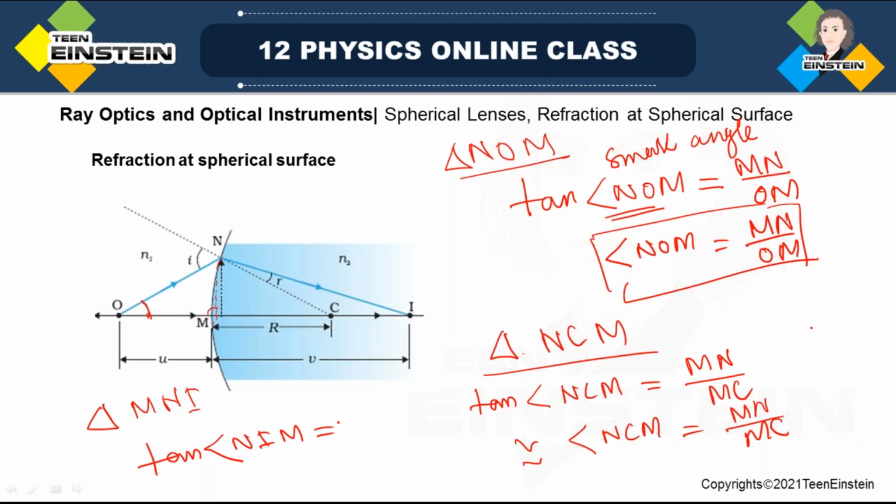So that is what we are doing here. This will similarly be obtained by MN by MI. So you can write directly that angle NIM is equal to MN by MI. For the small angle approximation, as we have seen, we can write those angles directly.